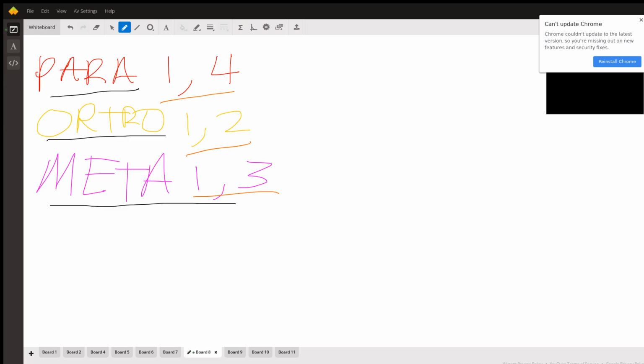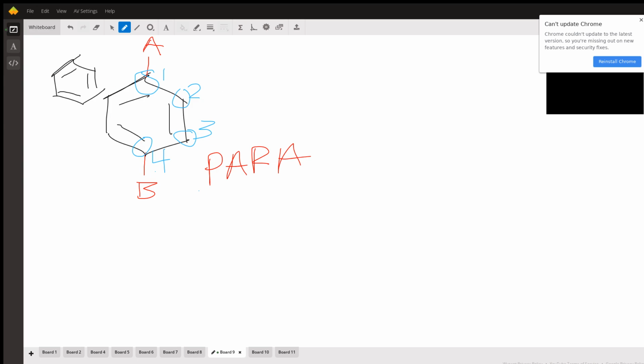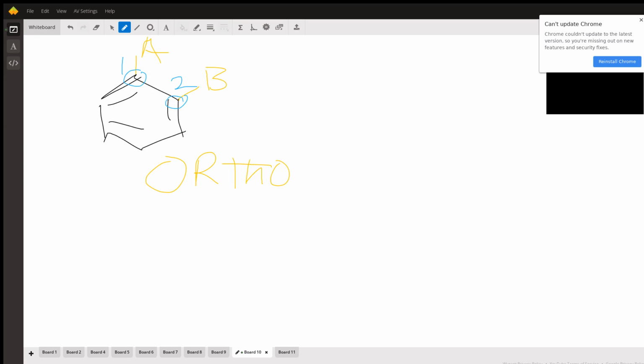The first one is para, in the 1,4 position. Let's say you had a functional group A and a functional group B. If they were in positions 1 and 4 in comparison to each other, we call that para. The next one, ortho.